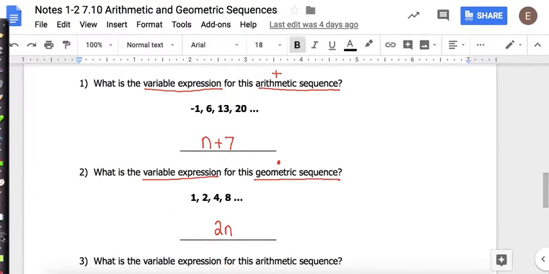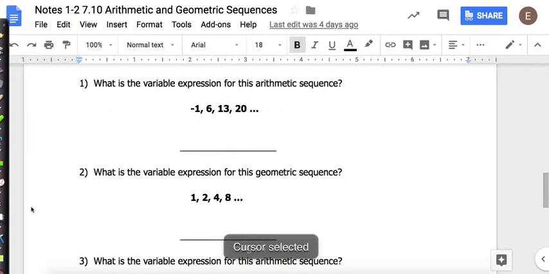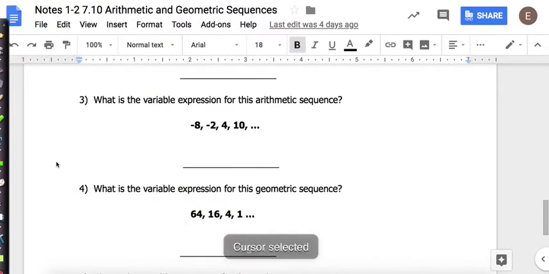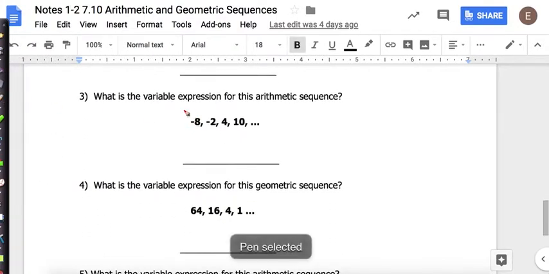Okay, let's look at example number 3. What is the variable expression for this arithmetic sequence? So underline variable expression, underline arithmetic sequence. And remember, an arithmetic sequence means you're adding the same number each time. So -8 to -2, -2 to 4, and 4 to 10.